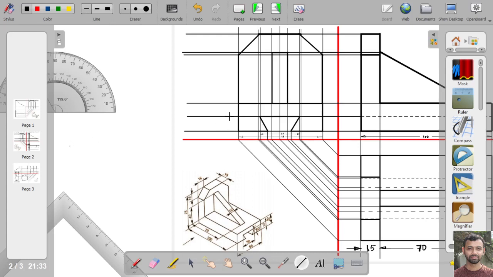So this dimension is 12. This one is the total dimension, 22.